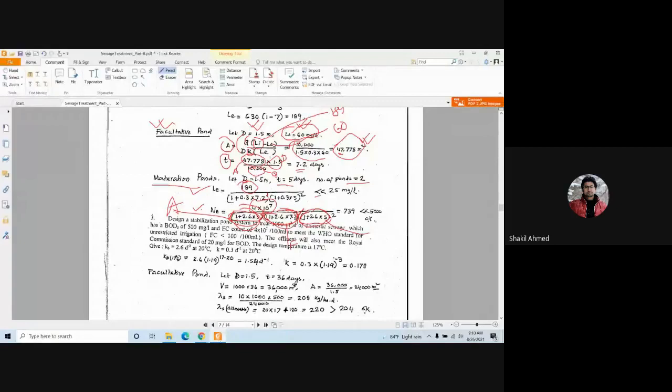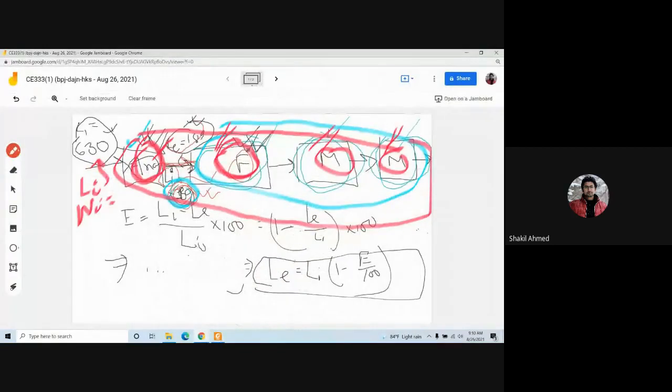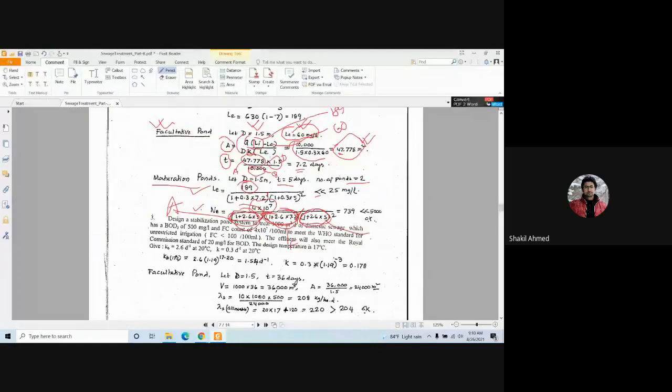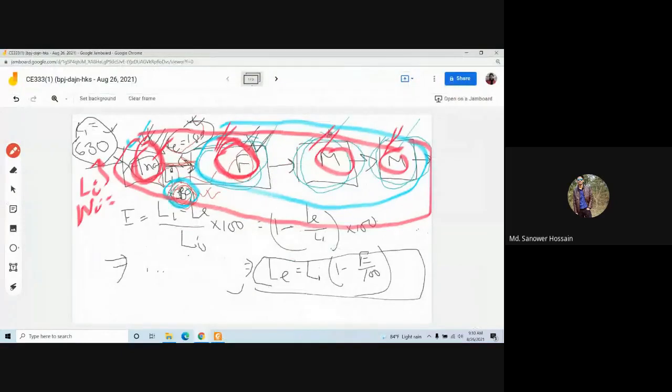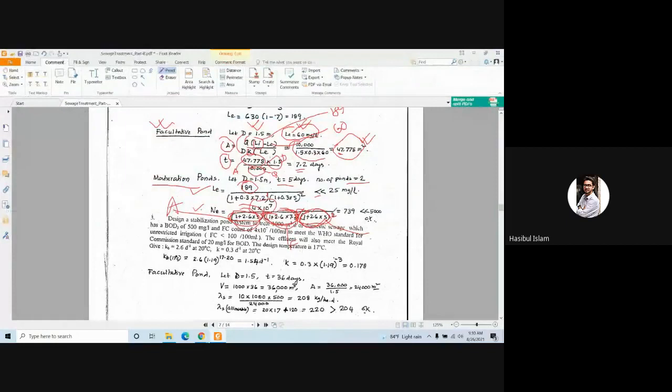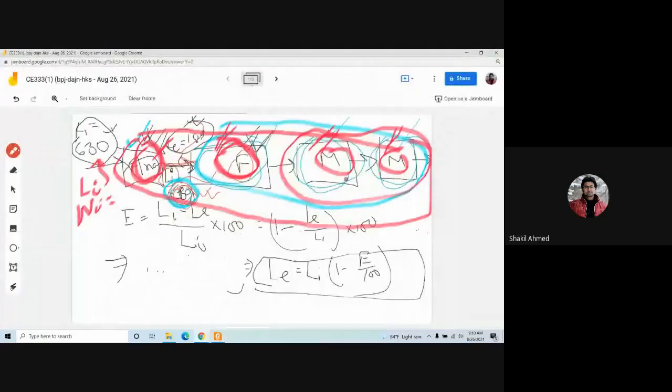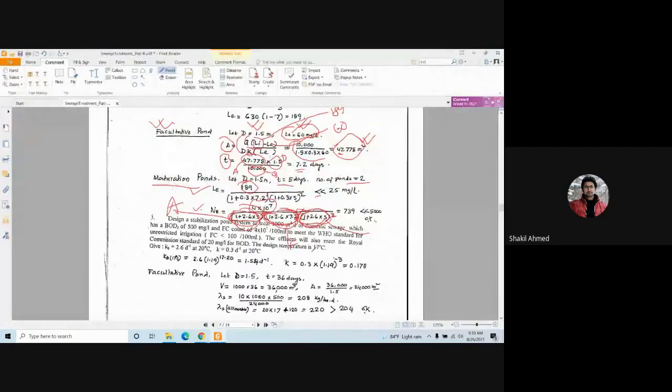The middle one is for the facultative pond. And these two are for the maturation ponds. How many maturation ponds? Two, 1, 2. So this is squared.